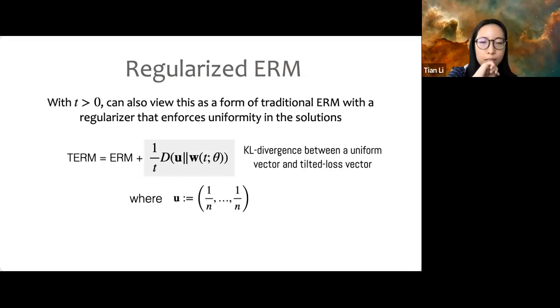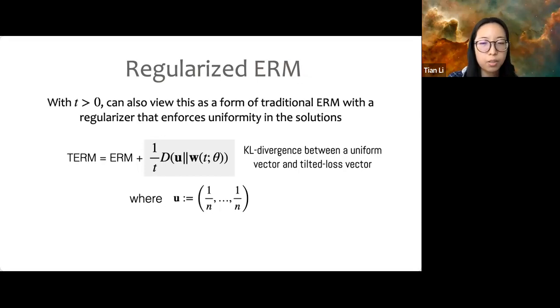We can rigorously write out the form and show that TERM is basically ERM plus some KL divergence-based regularization term, where this w, again, is the weights in front of each sample, which is exponentially proportional to the loss values. And here, u is some uniform vector.